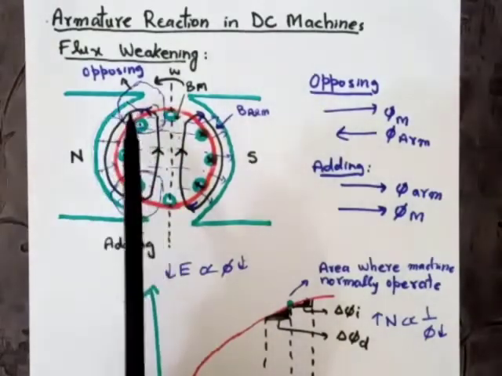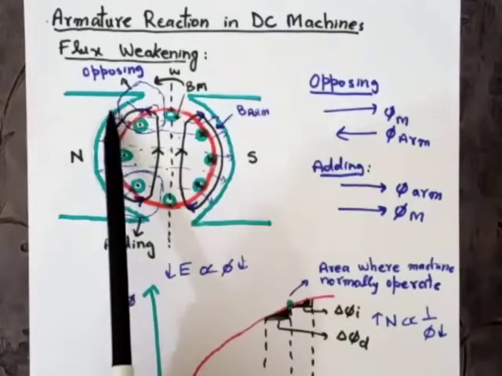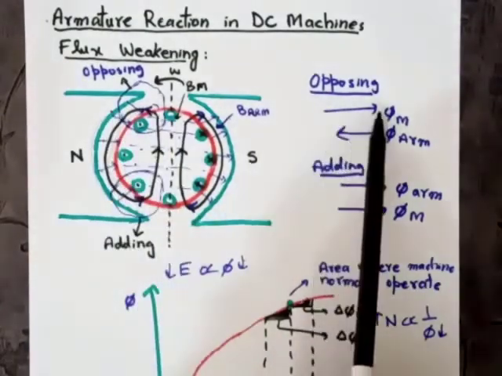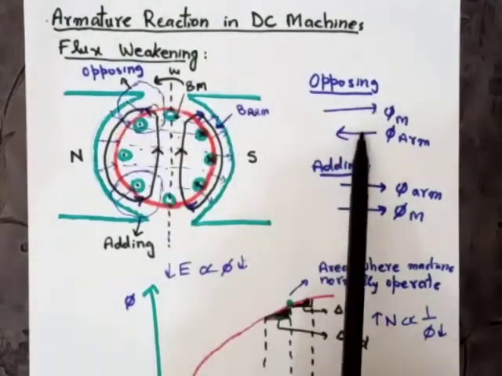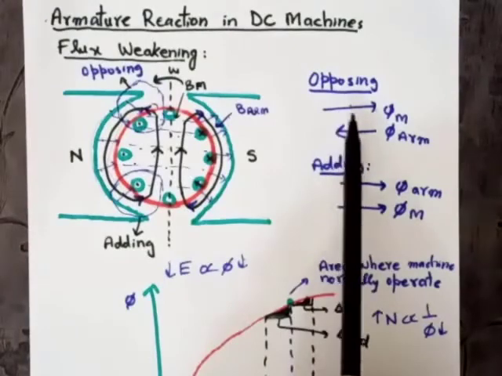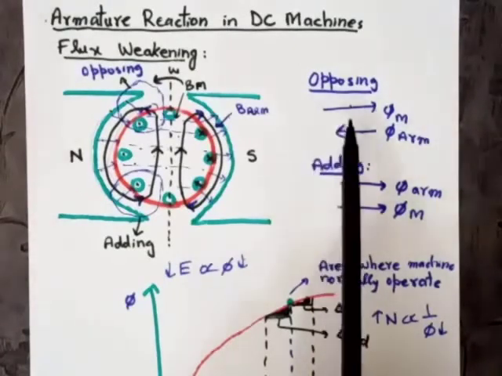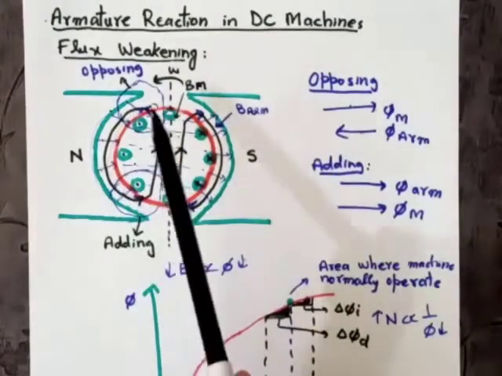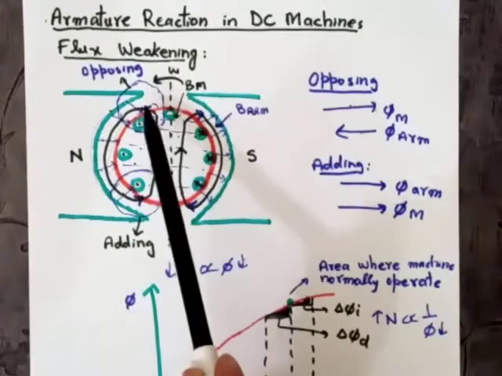And the direction of the magnetic field due to field winding is from left to right. At that point, both fluxes are opposite. It means at that position, the effect of both fluxes will be subtracted.